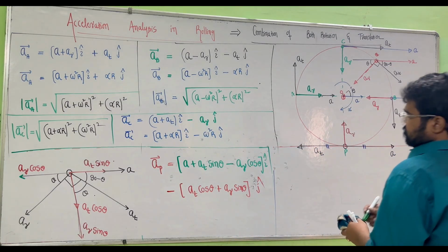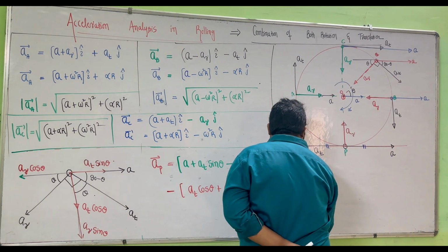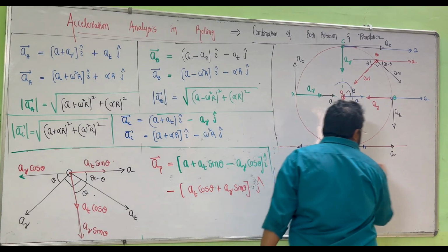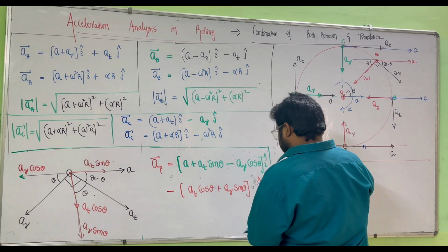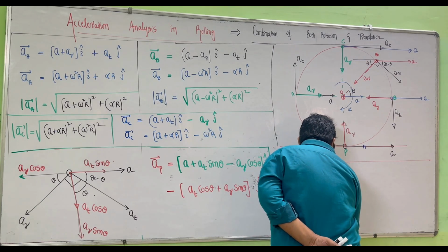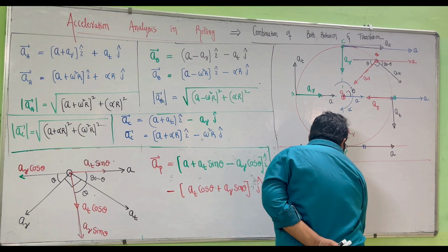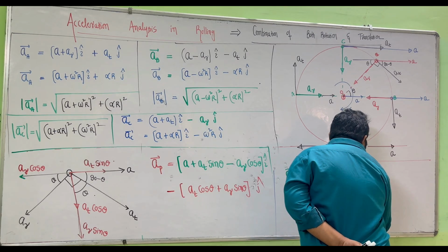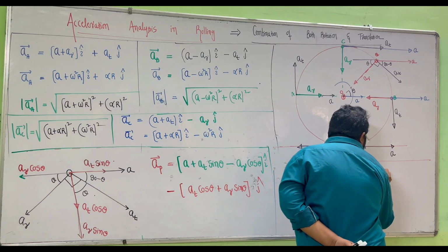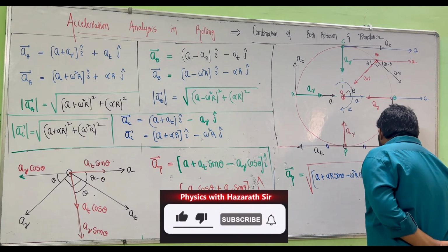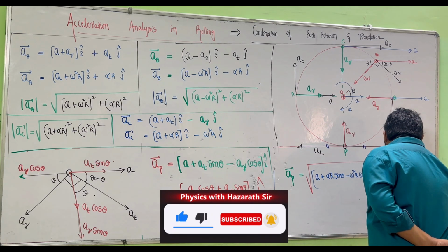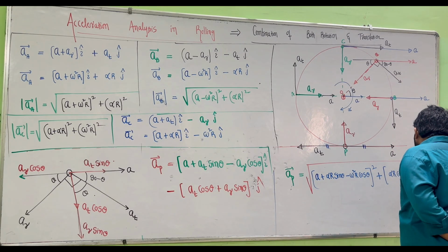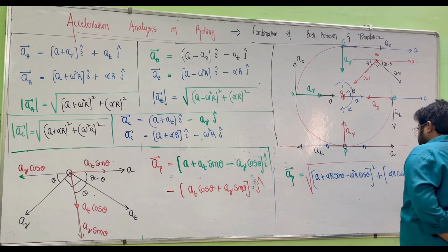How much are you getting, tell me? Acceleration at point P is the square root of A plus alpha R sin theta minus omega square R cos theta, whole square, plus alpha R cos theta plus omega square R sin theta, whole square.